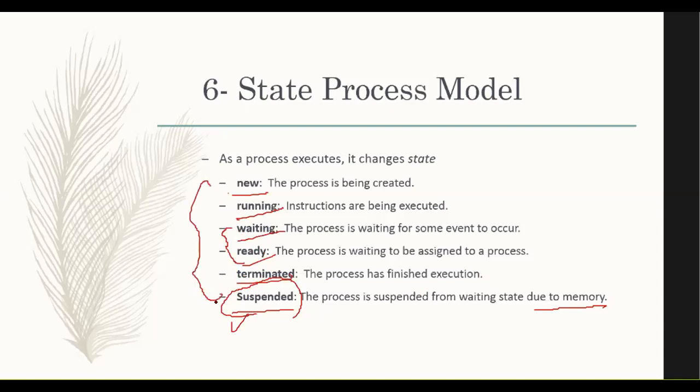So new and suspended are in hard disk. So that is the overall six-state model. Questions about the five-state model, questions about the six-state model. So in today's lecture we have covered all of this.